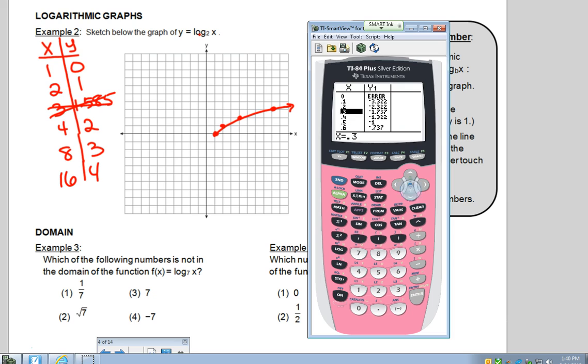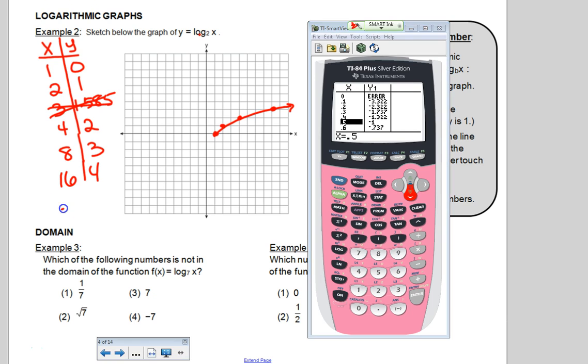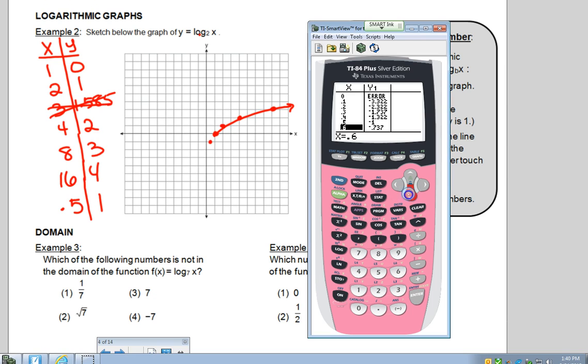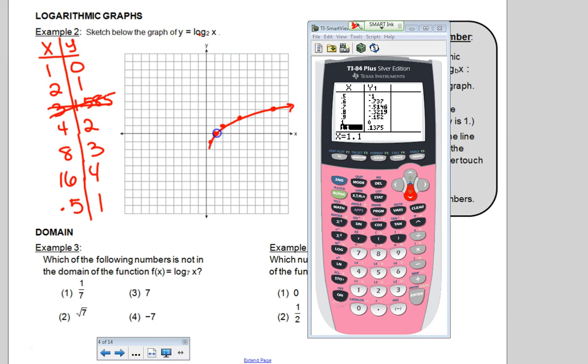So maybe I want to graph the 0.5 number and the -1. Again, your table can be out of order, so it's okay if we do that.